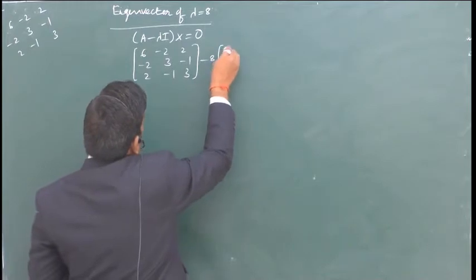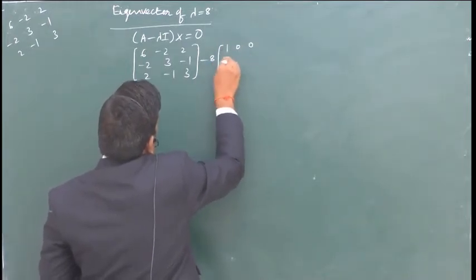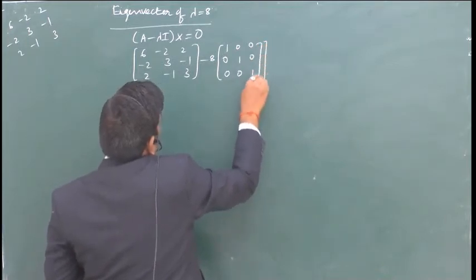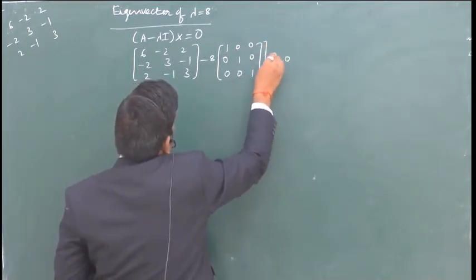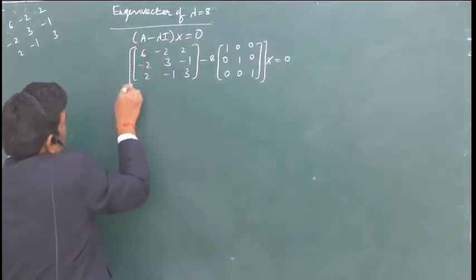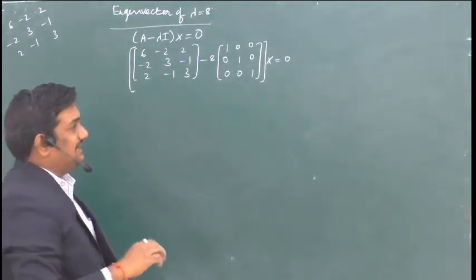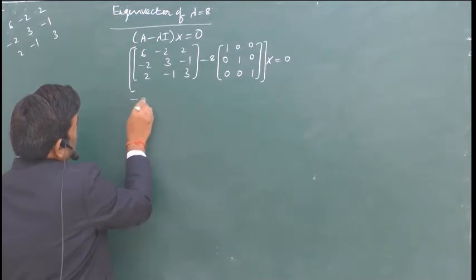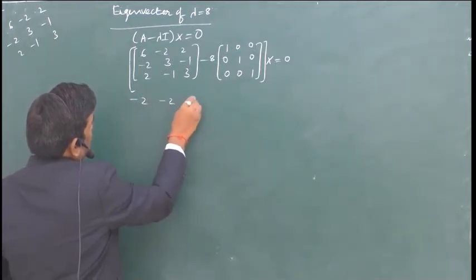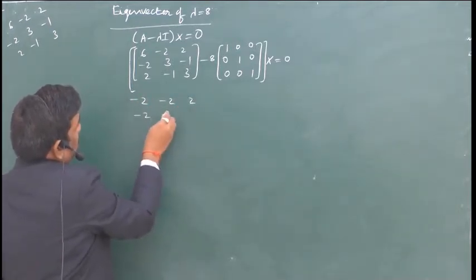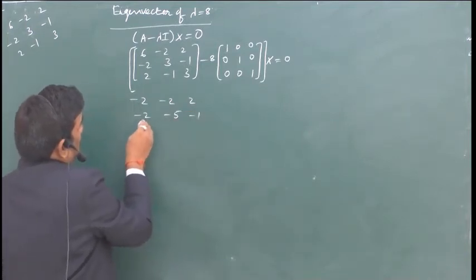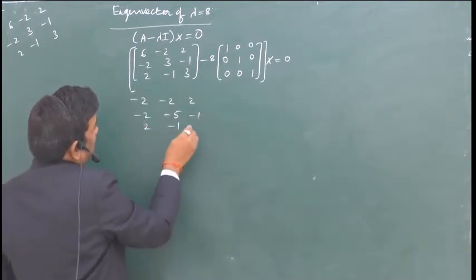I is the identity matrix, into capital X equals to null matrix. Now subtract corresponding elements. It will be minus 2, minus 2, 2, minus 2, minus 5, minus 1, 2, minus 1, minus 5.